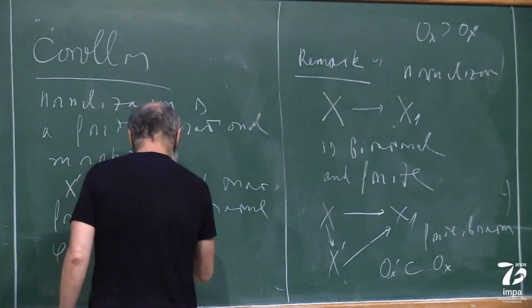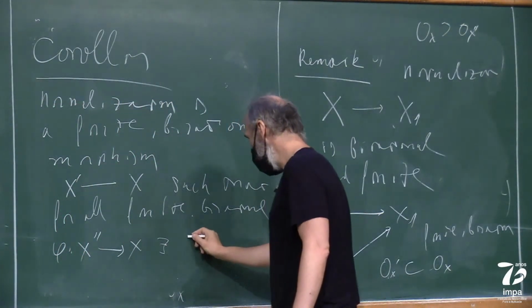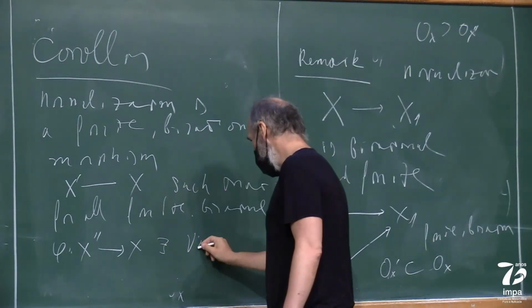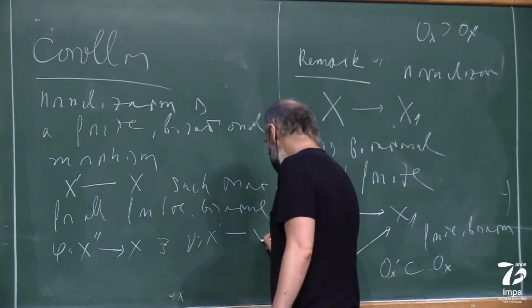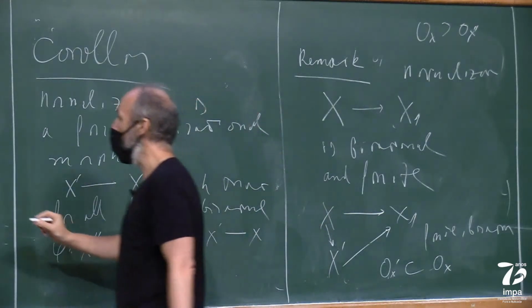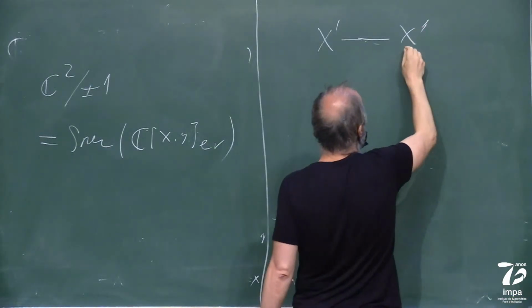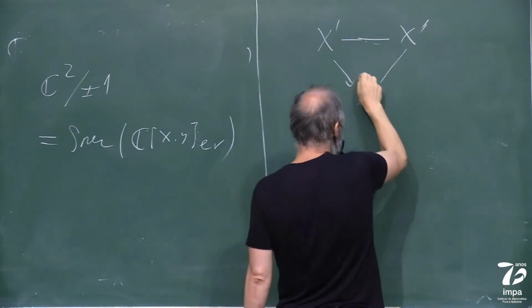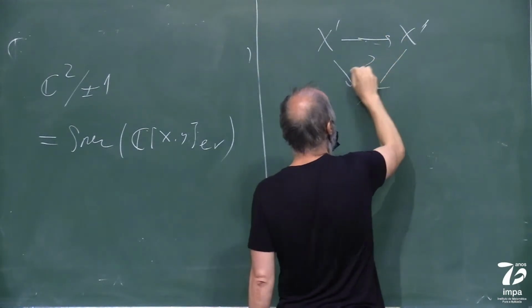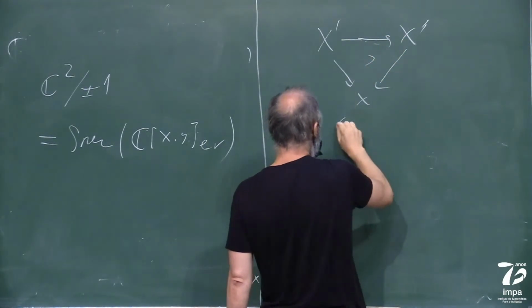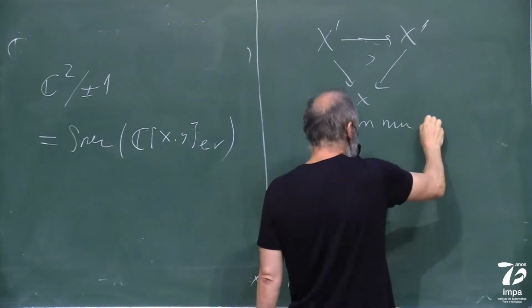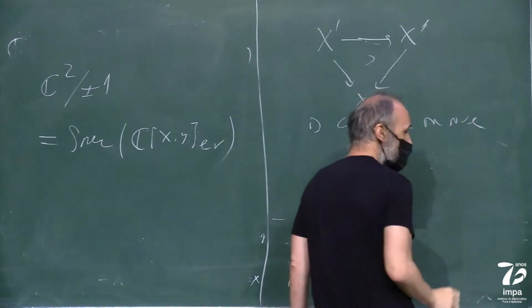So there exists nu from x prime to x double prime such that the diagram, you have x prime, this is our normalization, it goes to x double prime, and they both go to x, is commutative. This is what is written there.